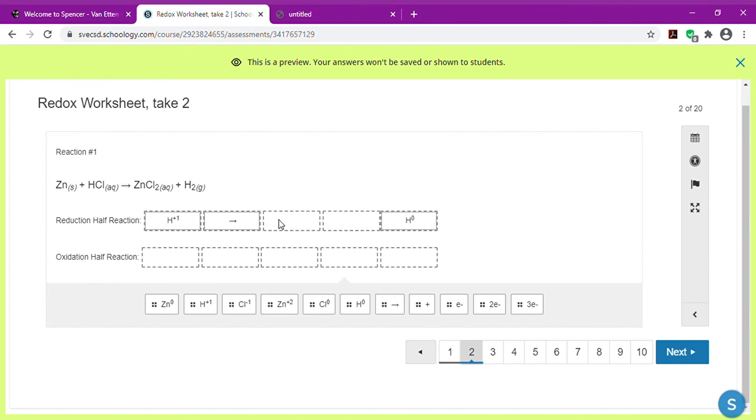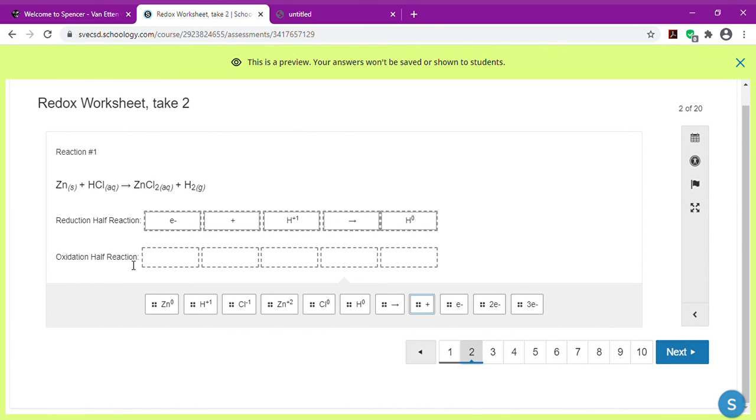So I'm going to scoot these guys over, and I'm going to have an electron here. And how about an AND sign between the two reactants? And that is what my reduction half reaction looks like. Keep it simple. Don't worry about balancing right now. In fact, just don't worry about balancing. Okay? If you do this, the balancing becomes obvious at the end.